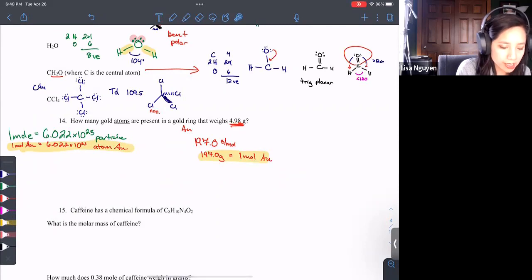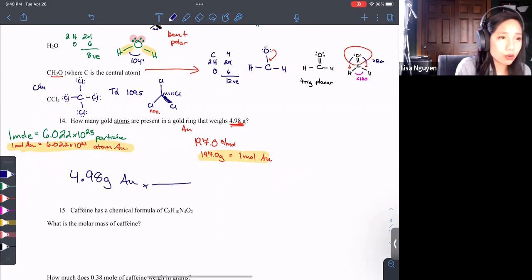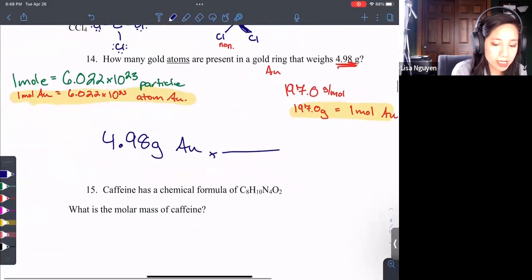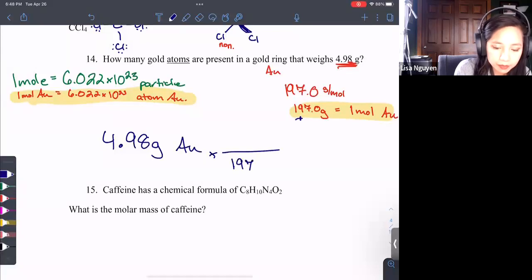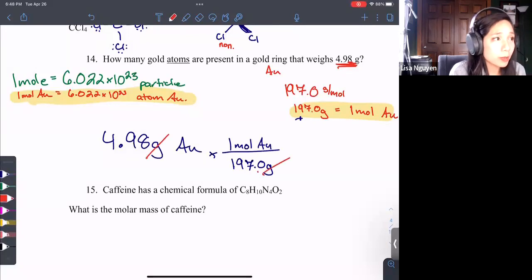So start with the piece of information that's given. 4.98 grams of gold is being weighed. So now it's a puzzle, and you just look and see how you can fit the pieces together to get the unit that you want. I see right here, I have a gram amount, so I'm going to put that on the bottom, and then write whatever is associated with it on top. So 1 mole of Au. And if you see the units cancel, grams cancel, now I'm in moles.